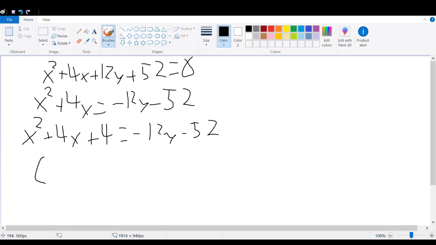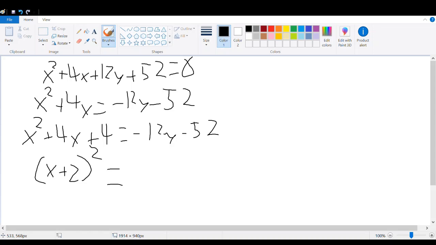We can factor on this side, so we get x plus 2 squared equals. Then we need to factor out something. And I'm going to tell you right now, I don't know off the top of my head if 52 is divisible by 12. Actually, it's not.